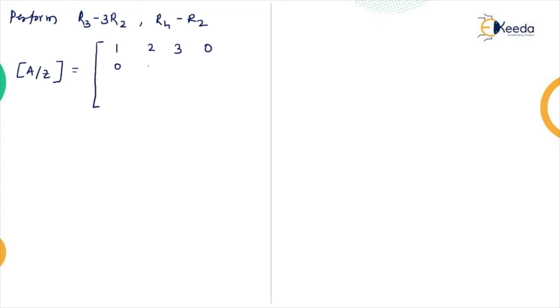Next, R3 becomes R3 minus thrice R2, so it will get 0, 0, 7, and 0. Next, observe R4 minus R2. That will get 0 because these two rows are the same, so this is 0 0 0 and 0.